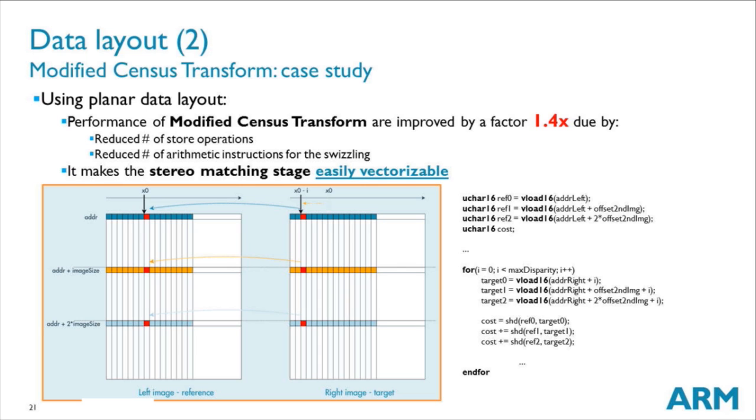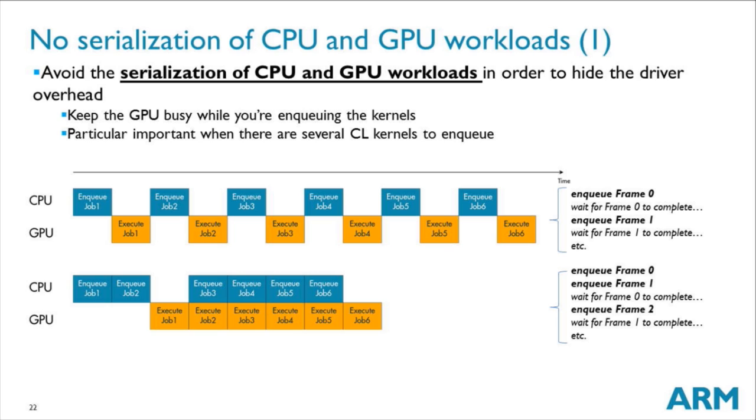This is the case because using a planar data layout, we are able to increase the performance of the modified Census Transform by a factor of 1.4, due to the reduced number of store operations and the reduced number of arithmetic instructions needed for the swizzling. The important aspect is that it makes the serial matching stage easily vectorizable, because each thread can compute the disparity for 16 pixels.